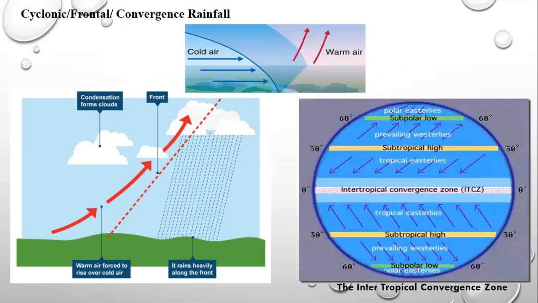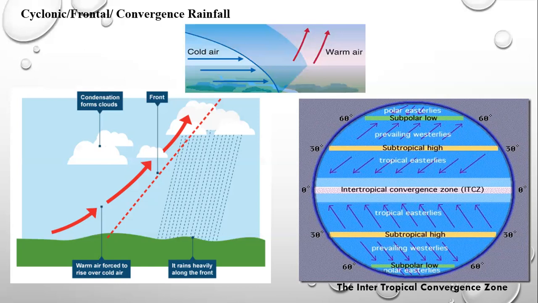So, as you're able to see, we have the tropical regions. Now, these tropical regions are the areas where you find the Tropic of Cancer above the equator and the Tropic of Capricorn below the equator at about 23.5 degrees.